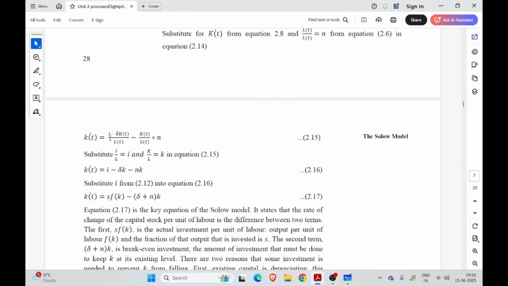So we can substitute I by L as small i, that is investment per unit labor, K by L as small k, capital per unit labor, and we can write small k dot t as i minus delta k minus nk. So it becomes i minus (delta plus n) k, and this i can be replaced by s f(k). So this is the key equation of the Solow growth model.